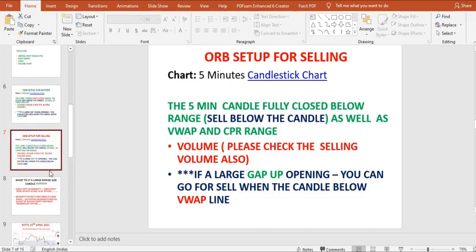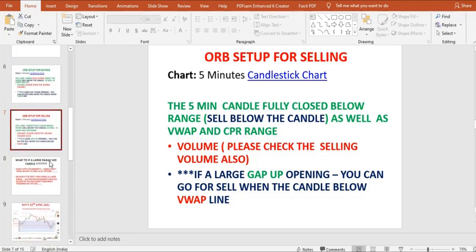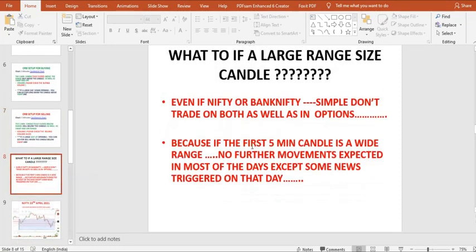I hope you all know about the VWAP, the volume weighted average price. This tool is available on all trading platforms, including TradingView, Zerodha, LS Blue, Upstox, with all the brokers giving the VWAP tools.